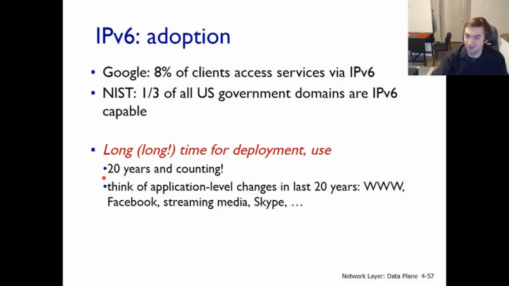And think about what's happened in the last 25 years. I imagine a fair number of people watching this video were not around back then. So it's pretty crazy to think about how this idea of having addresses that are long enough to maintain the number of hosts that we have has been around for so long that we still haven't actually been able to put it into practice everywhere that maybe it should be.